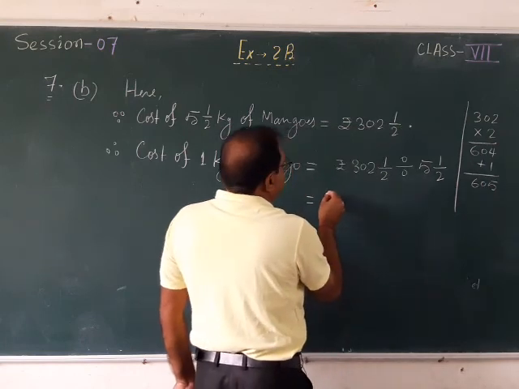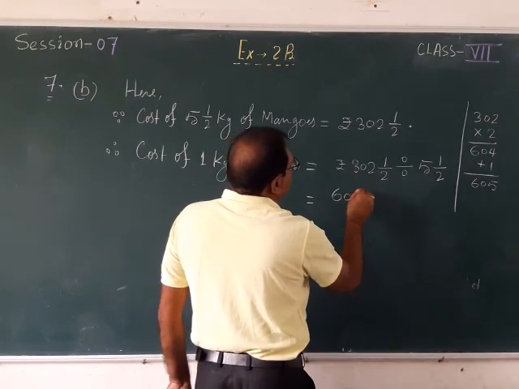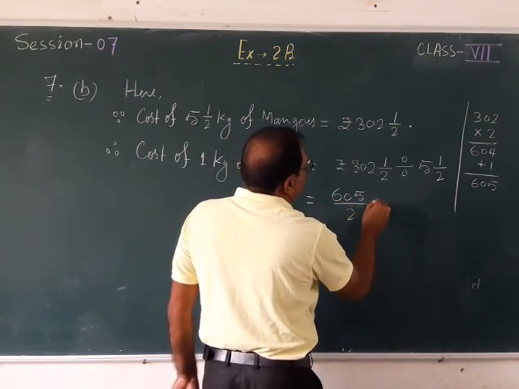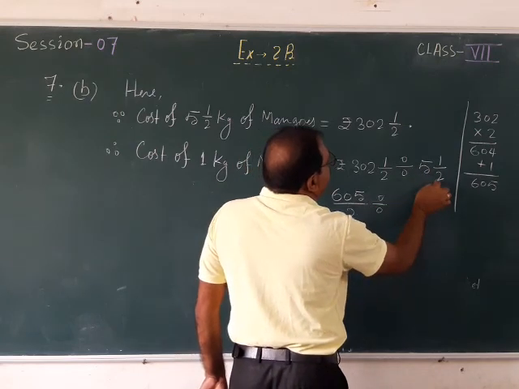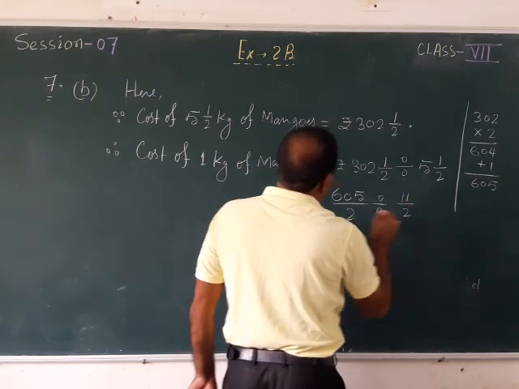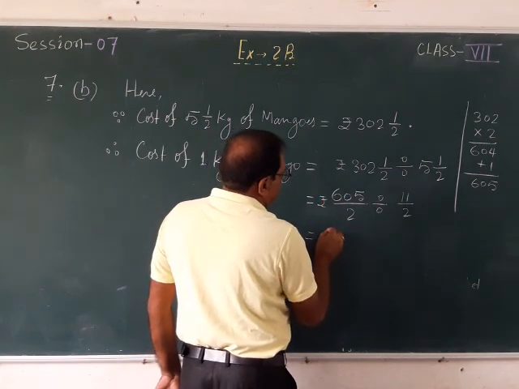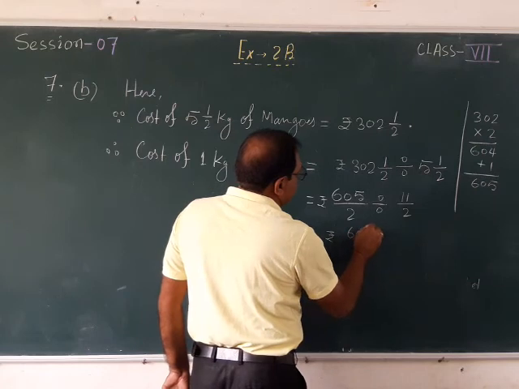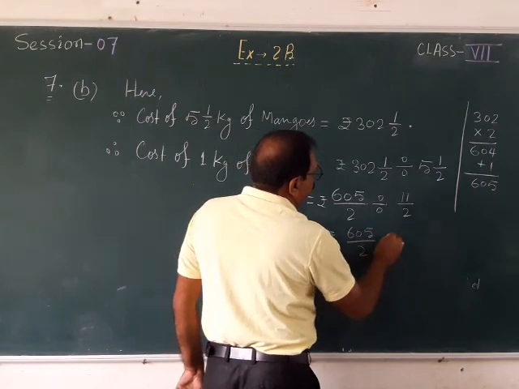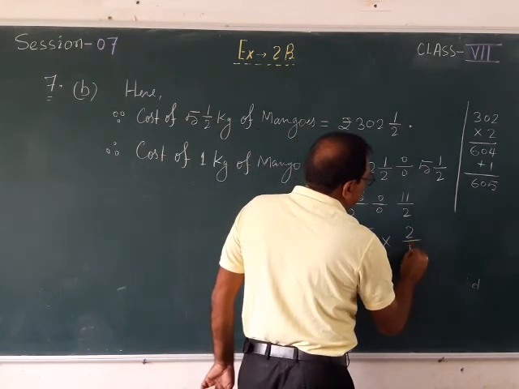So it will be 605 upon 2, divided by 5 and 1 by 2, that is 5 twos are 10 and 1, 11 upon 2. And here you have to write the rupees sign. So you have rupees 605 upon 2 multiplied by 2 upon 11.